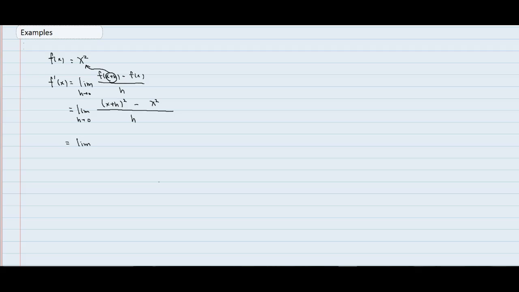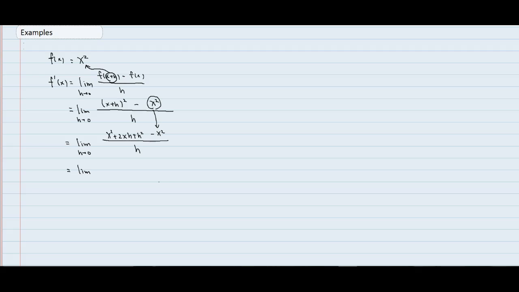And this is going to be the limit as h goes to 0 of, and again, when I expand the binomial squared, please remember that that's not just x squared plus h squared. You will get x squared plus 2xh plus h squared minus x squared. So this minus x squared comes from this one, all over h.